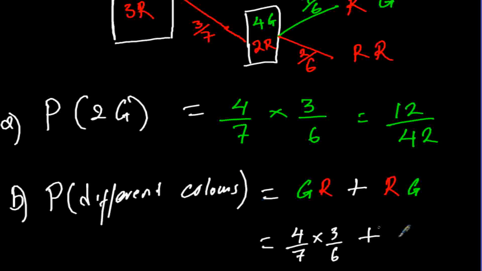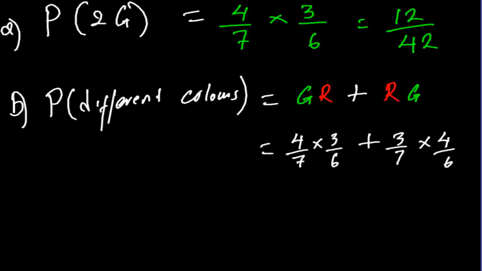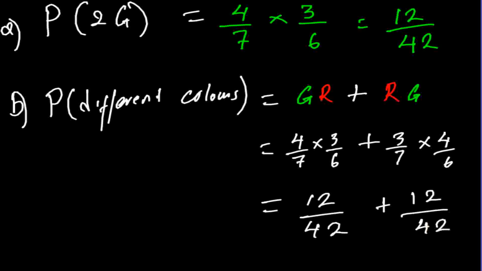So you can simplify this to get 12 out of 42 plus 12 out of 42.